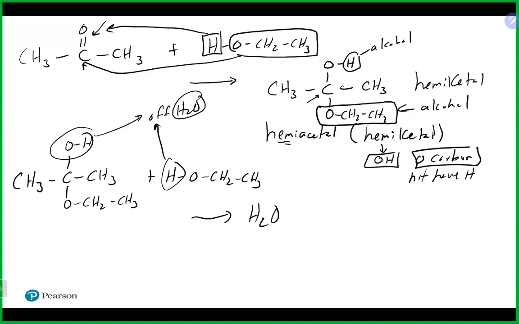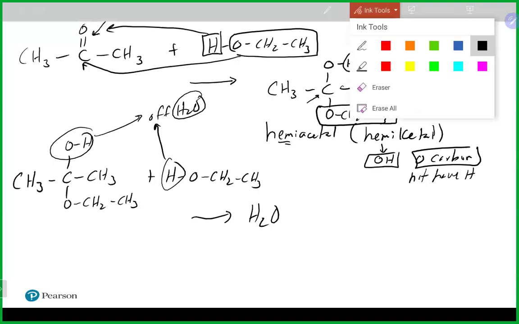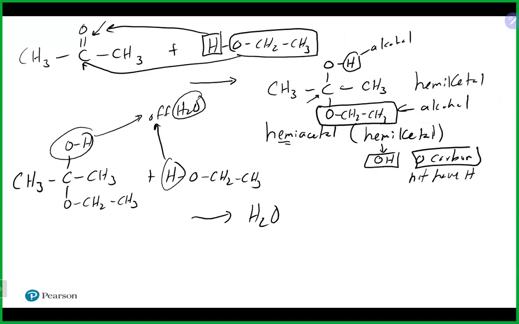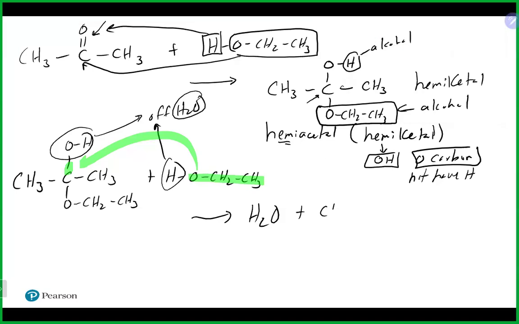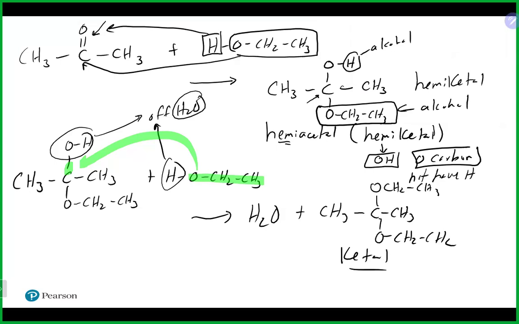And then basically we're just going to put what's left of the alcohol in that spot. They're just going to pop that guy right into that spot when that comes off. And we will end up with this, which is what is known as a ketal in this case.